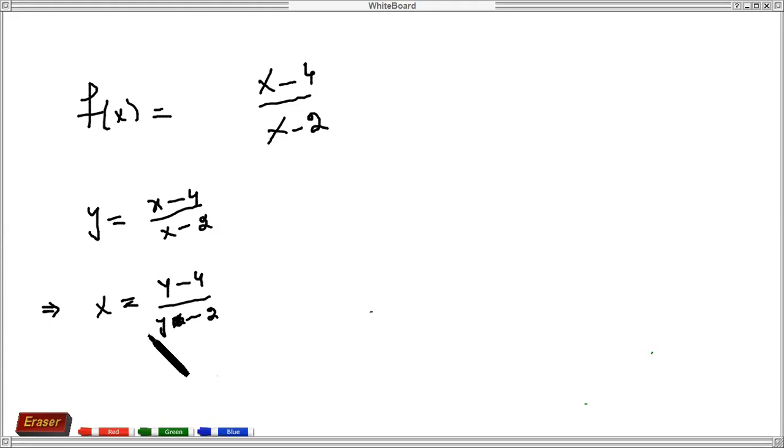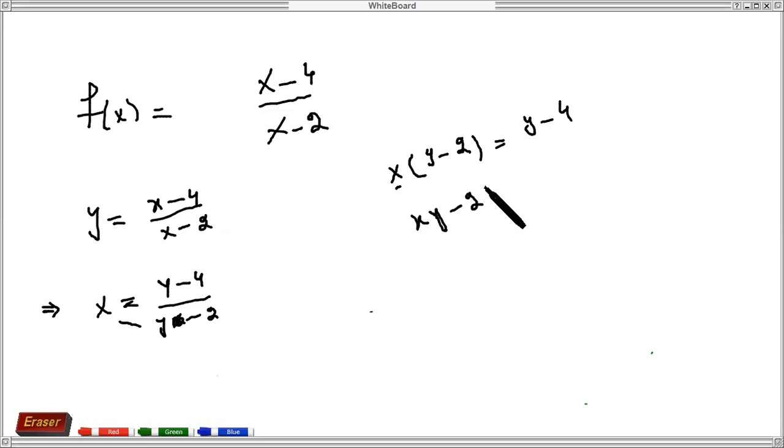Yes, cross multiplication. If you multiply x with this one, we have x multiplied with y minus 2 equal to y minus 4. If you multiply y with x, xy, and multiply minus 2 with x, minus 2x equal to y minus 4. If you transfer y to this side, we have xy and minus y.